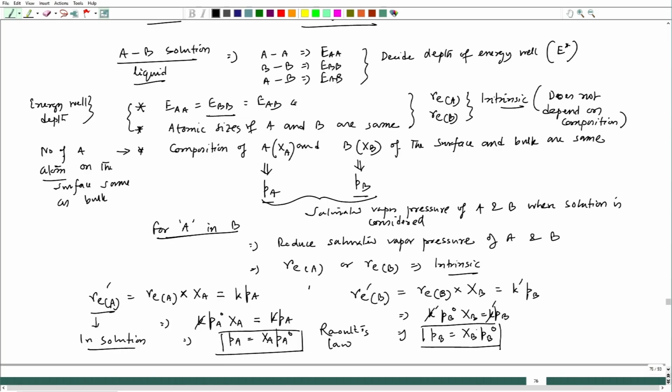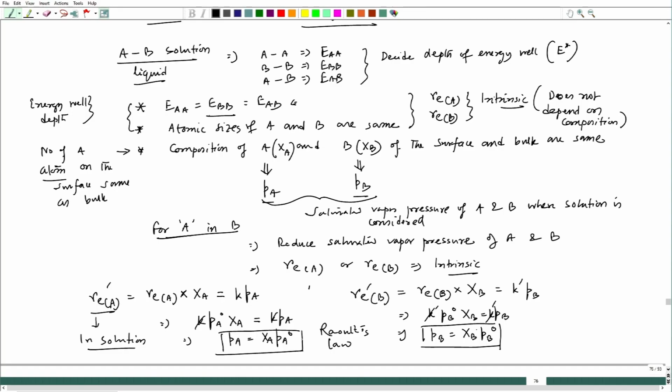Okay. So, now we see that the partial pressure of A as well as of B in the solution would be specific to that temperature, but that can have a simple relation with PA naught and PB naught for the pure case. PA and PB are basically the partial pressures, but that is also the saturated vapor pressure of A and B in the mixed vapor phase when we consider the solution.